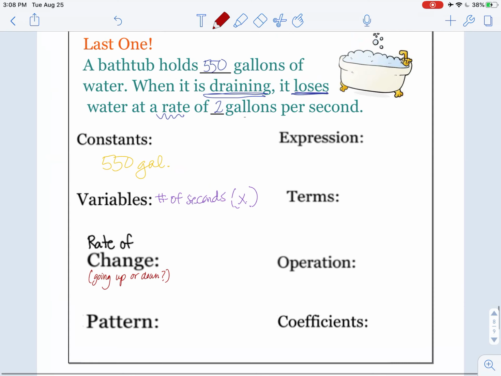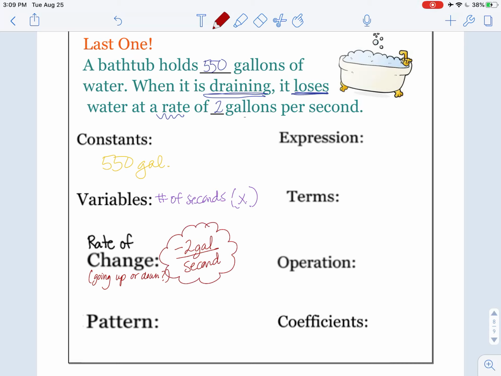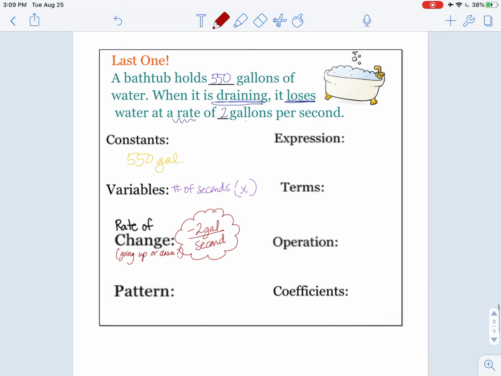We are losing 2 gallons per second, so it's actually going to be a negative 2 gallons per second because it's going down. If I had just put 2 gallons per second, that would mean I'm increasing by 2 gallons per second. A positive 2 gallons per second means my bathtub would be filling.